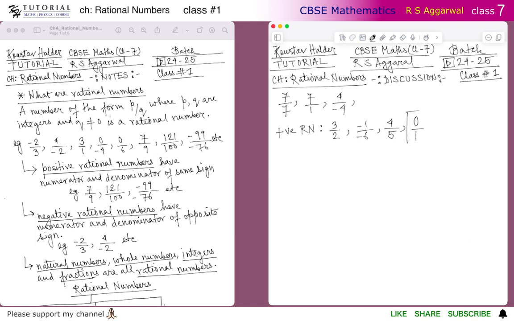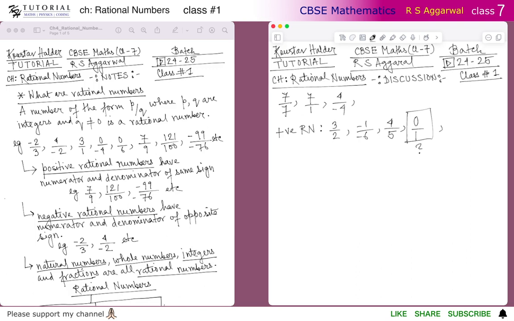The answer is no, because the integer 0 has no sign. 0 is neither positive nor negative. Positive rational numbers mean p and q have to be integers having a sign. The integer 0 has no sign. So 0 is not a positive rational number.